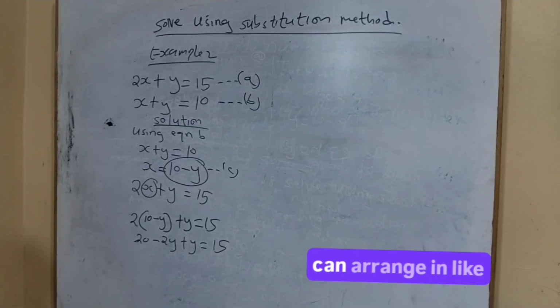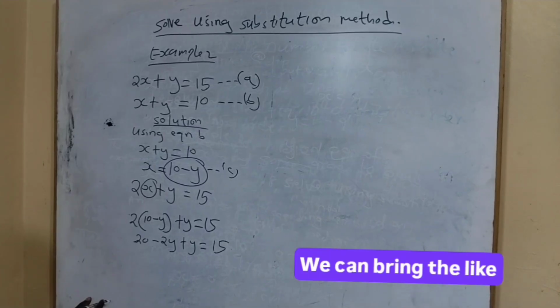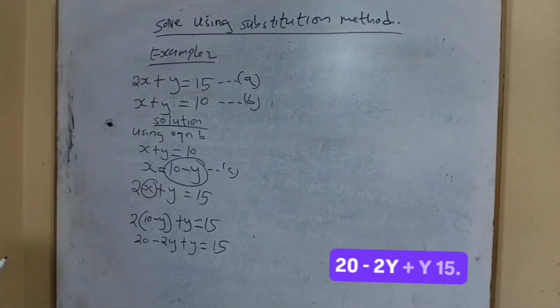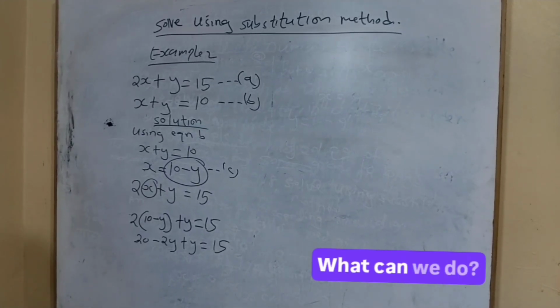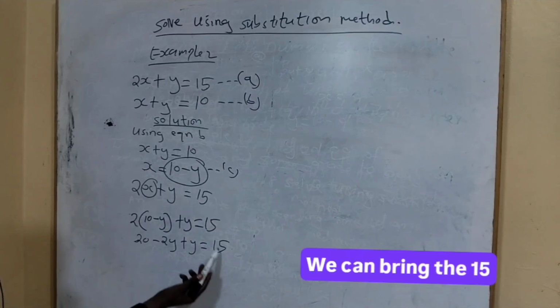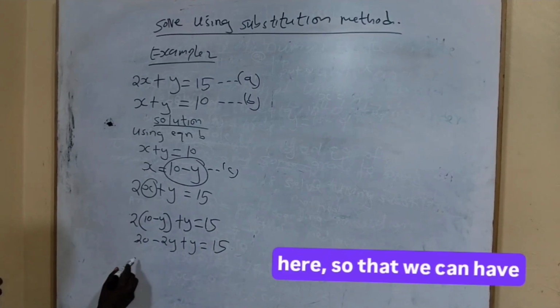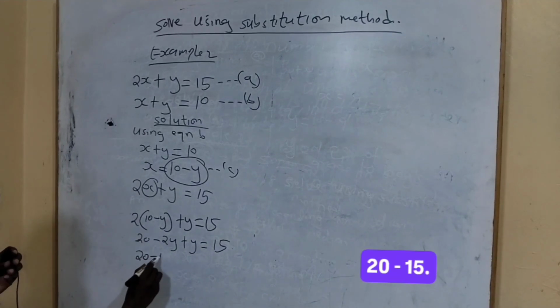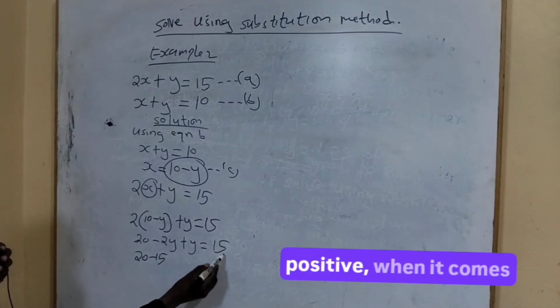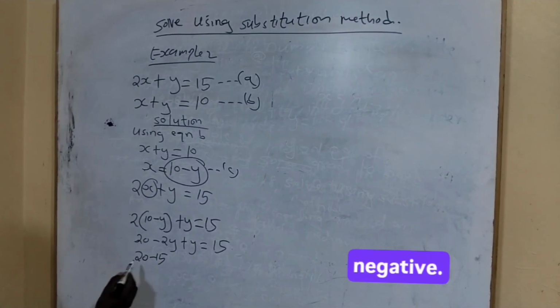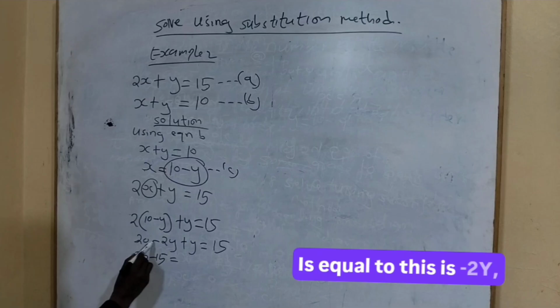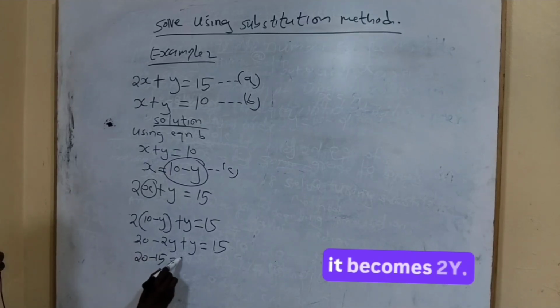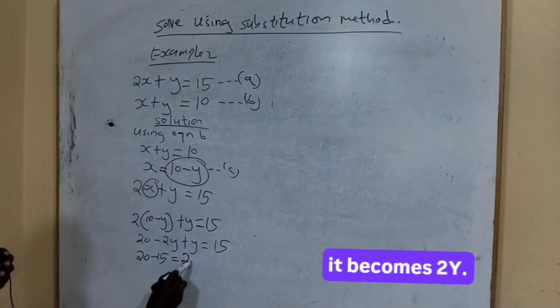Now we have this. We can arrange in like terms. We can bring the like terms. 20 minus 2y plus y is equals to 15. What can we do? We can bring the 15 here so that we can have 20 minus 15. Here it is positive. When it comes here, it becomes negative. Is equal to, this is negative 2y, it becomes 2y.